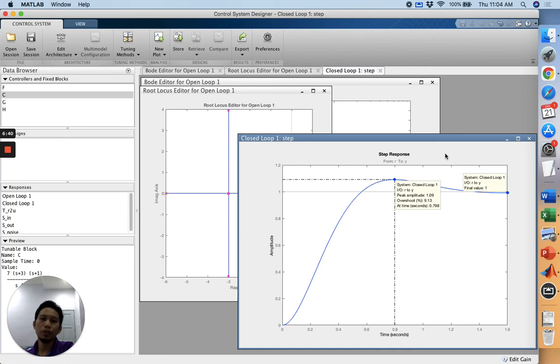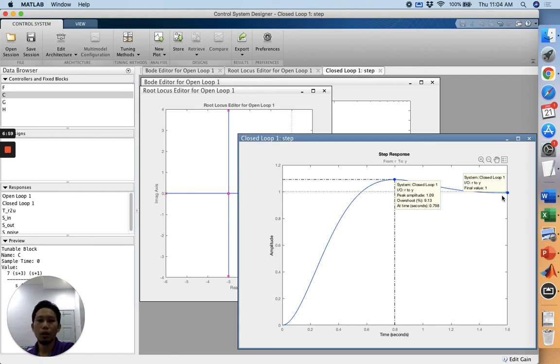When we increase the Kc value to 7, the overshoot increases to about 9%, at time 0.8 seconds. The steady state error is still maintained at 0%.